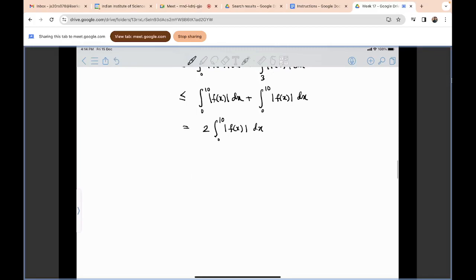Now use Cauchy-Schwarz: the integral from 0 to 10 of 1 dx, times the integral from 0 to 10 of mod f(x) square dx, to the power half. So this is by Cauchy-Schwarz.